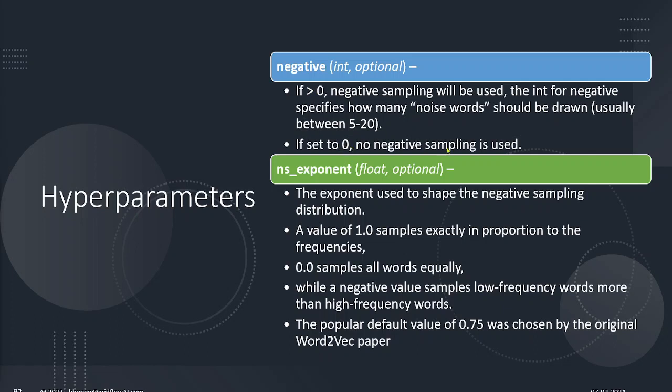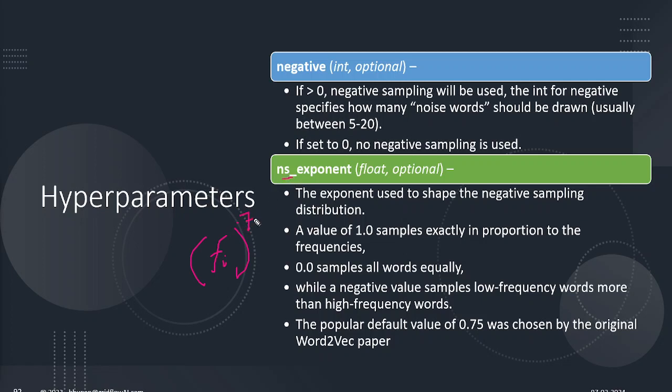If it is 0, no negative sampling is going to be applied. Similarly, there is another parameter called the negative sampling exponent. If you use the exponent, it will apply exponentiation to the frequency of the word.